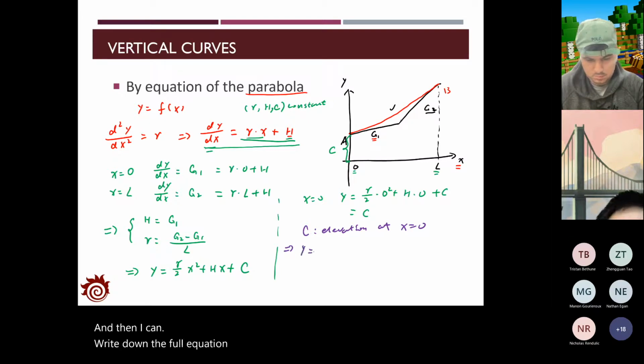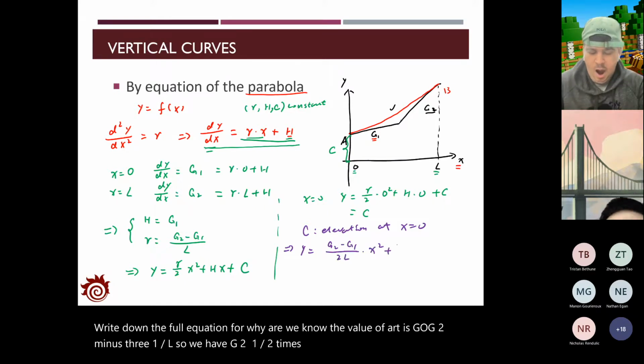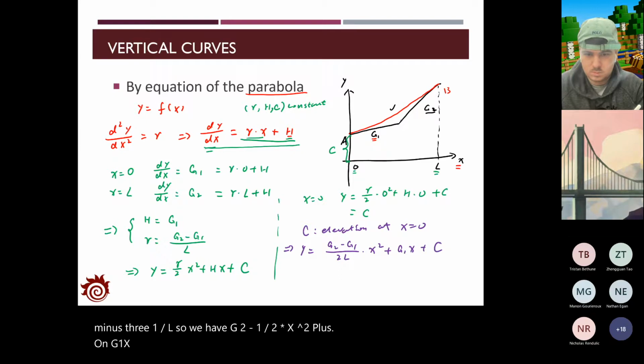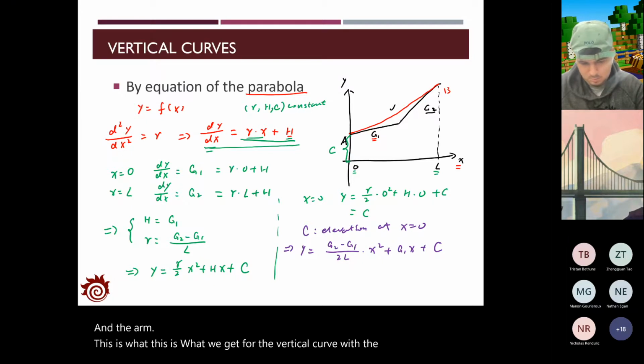And then I can write down the full equation for y. We know the value of R is G2 minus G1 divided by L. So we have G2 minus G1 divided by 2L times x squared plus G1 x plus C. And this is what we get for the vertical curve with the equation of the parabola.